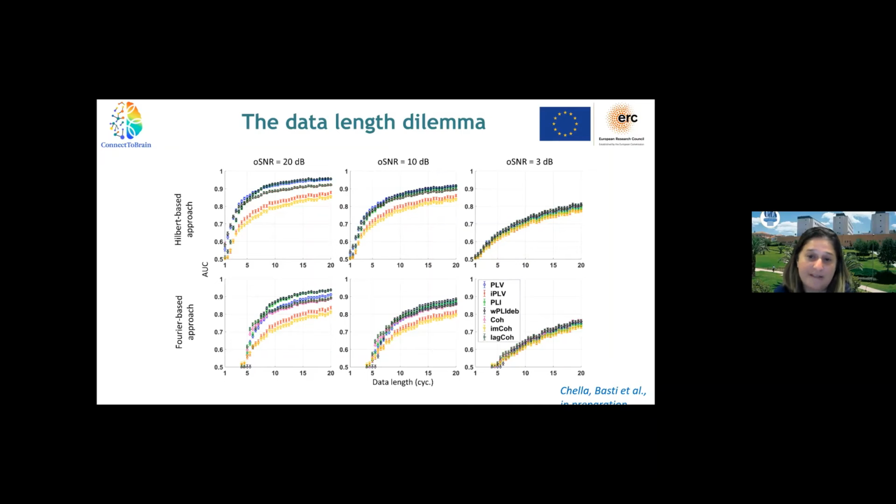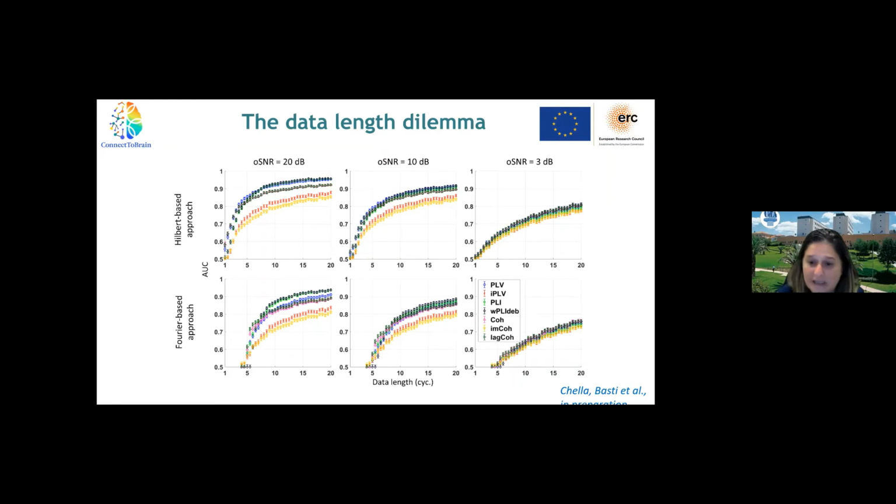I won't go into the details of this, but this is simulated data, and all these labels that you see here mean slightly different metrics that are commonly used in the community to assess functional connectivity.